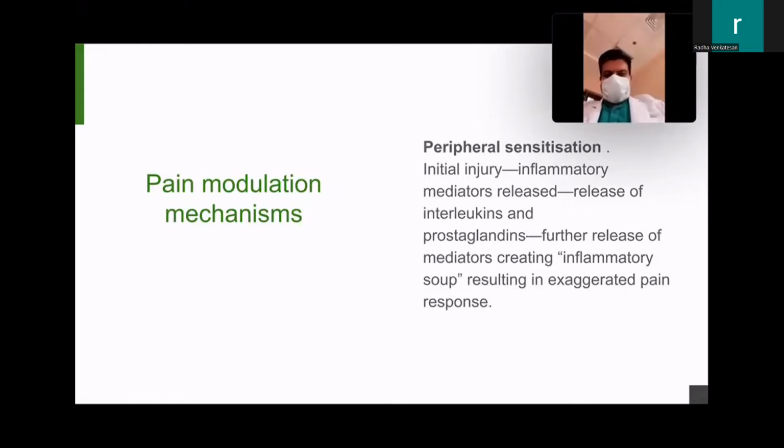At that time, arachidonic acid metabolism takes place, and that leads to release of interleukins and prostaglandins. At the site of injury they might be released, but there may be further release also happening. So the whole event is called the inflammatory soup. And that inflammatory soup may be in that area, but it can spread to surrounding areas also.